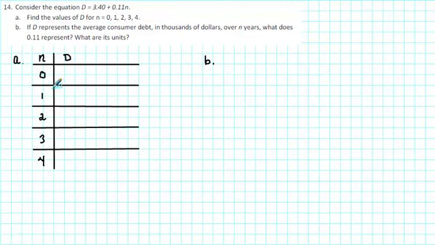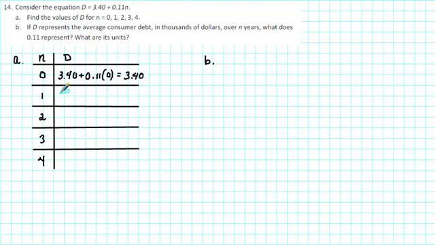So I've set up a table here, and first of all we have n is equal to 0. Let's substitute 0 for n. We have d is equal to 3.40 plus 0.11 multiplied by n, but in this case n is 0. 3.40 plus 0 is just 3.40.